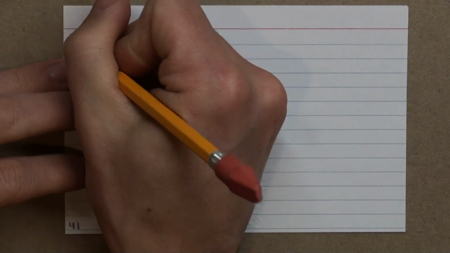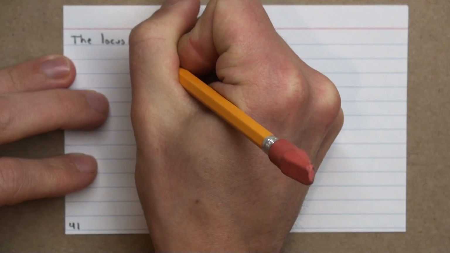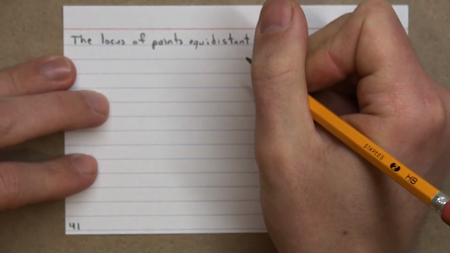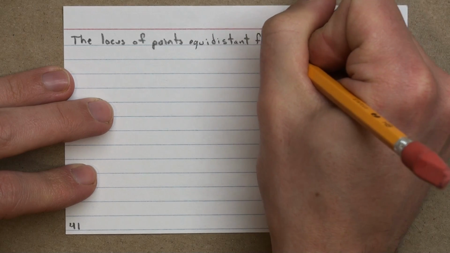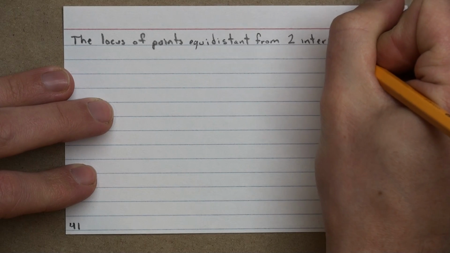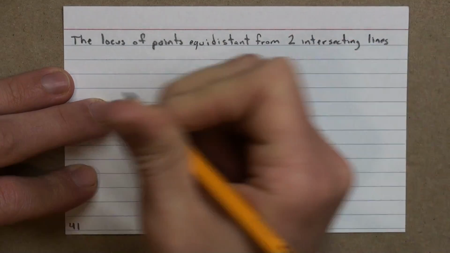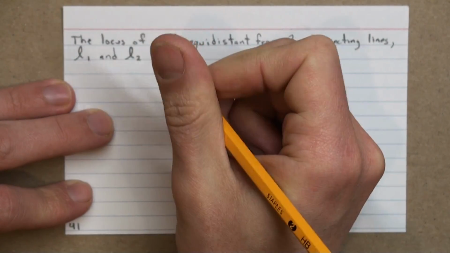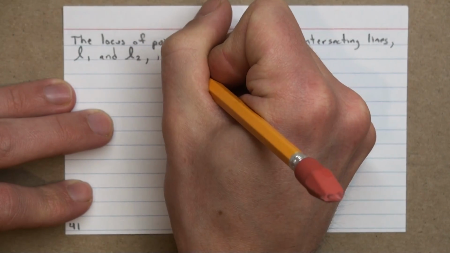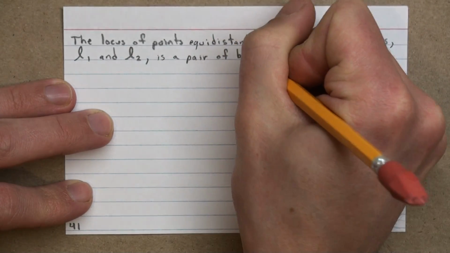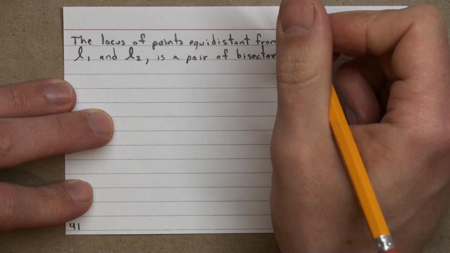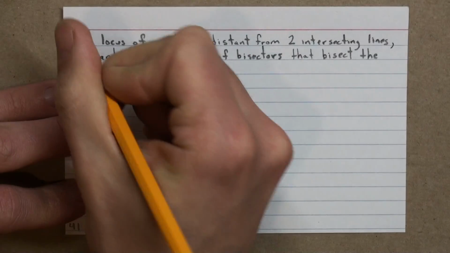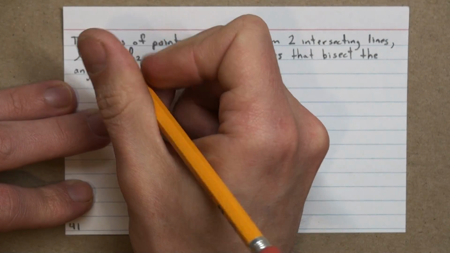It says the locus of points equidistant from two intersecting lines, and we'll call them L1 and L2 again, those will be our two lines, is a pair of bisectors that bisect the angles formed by L1 and L2.